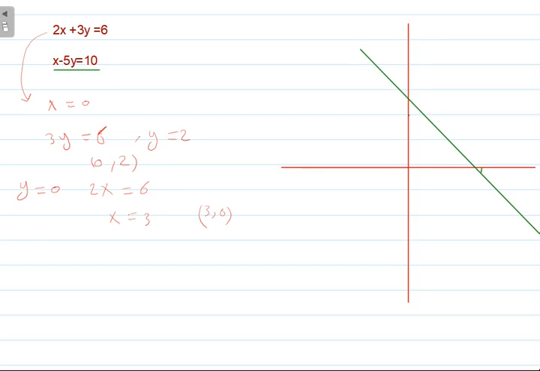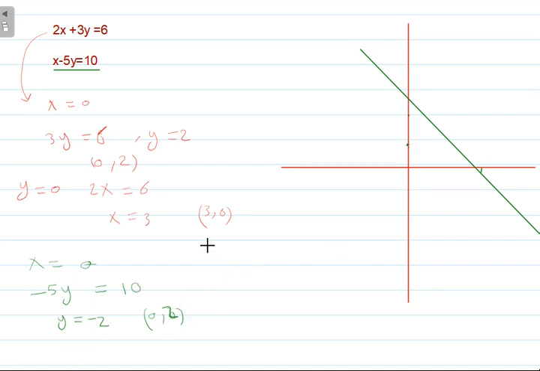I need a point. When x equals 0, I will find the y-intercept, which is minus 5y equals 10, then y equals minus 2. I have this point (0, minus 2).